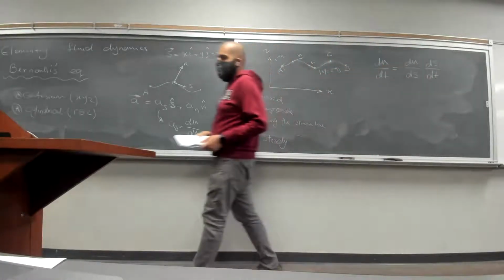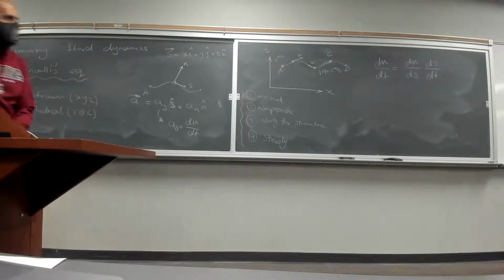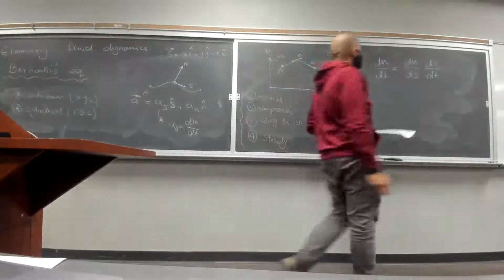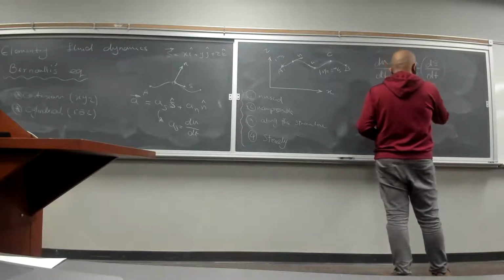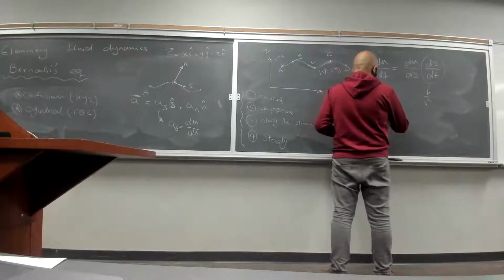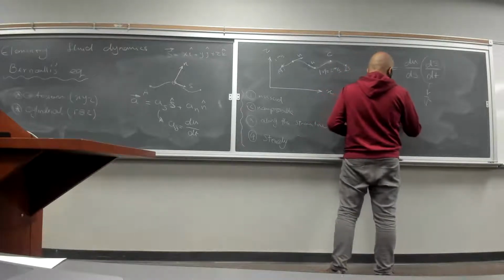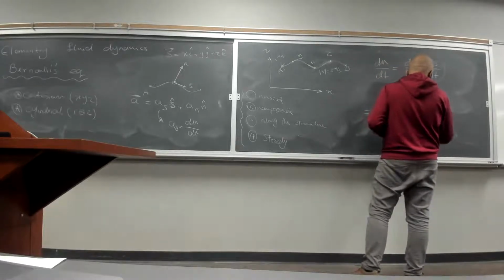So we're going to have dv divided by ds multiplied by ds divided by dt. What is this part? This part is essentially your velocity. So we can say dv divided by dt is equal to v dv/ds.